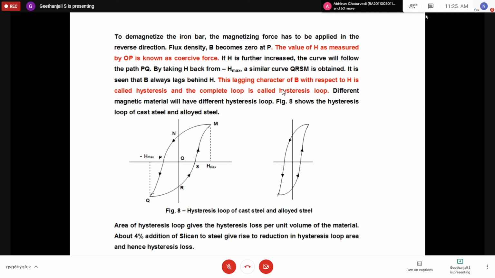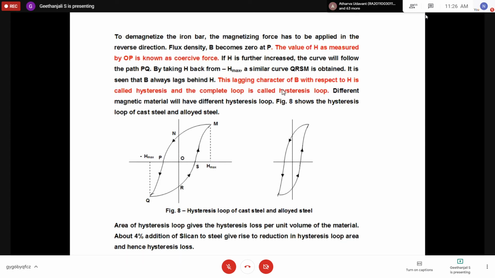It is seen that B always lags behind H. Always flux density lags behind the magnetic field intensity H. This lagging character of B with respect to H is called hysteresis, and the complete loop is called the hysteresis loop.